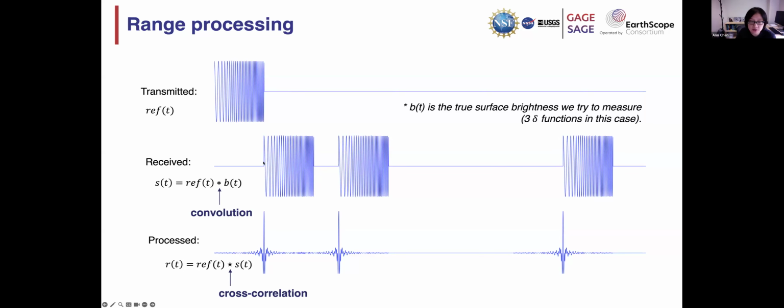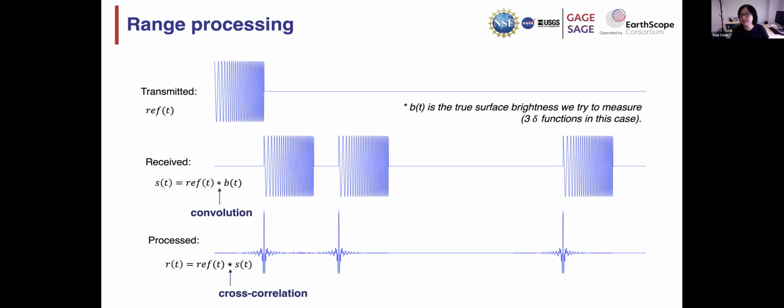Without additional processing, the range resolution would be related to the pulse length. You could not identify two targets so close that their return echoes start to mix together, right?